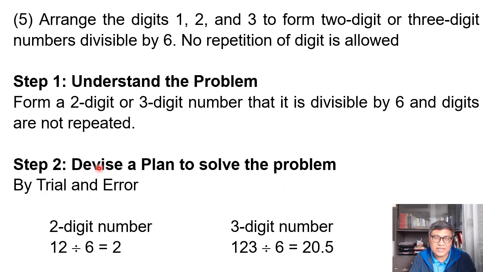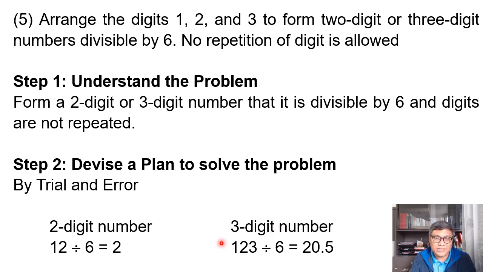Of course, the easiest is by trial and error. Now, I can form 2-digit numbers like 12, 13, 23, 31, 32. When it comes to a 3-digit number, I could have 123, 213, 231, 132, 312, 321, and so forth. So there are many possibilities, class.